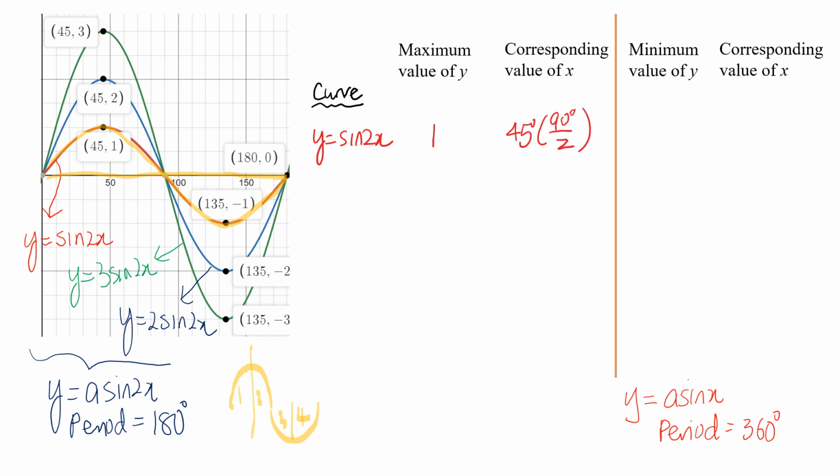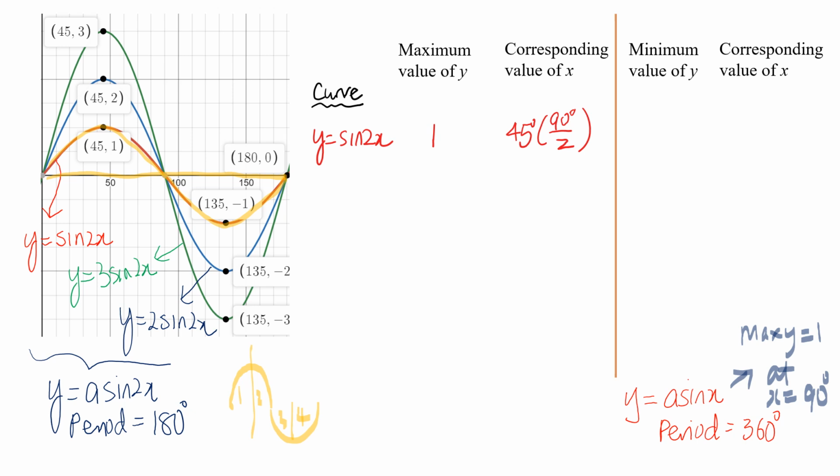Remember, in the earlier slide, for y equals a sine x, the maximum value of y is 1 at x equals 90 degrees. Now I have y equals a sine 2x, so I need to take 90 degrees divided by 2 to get 45.